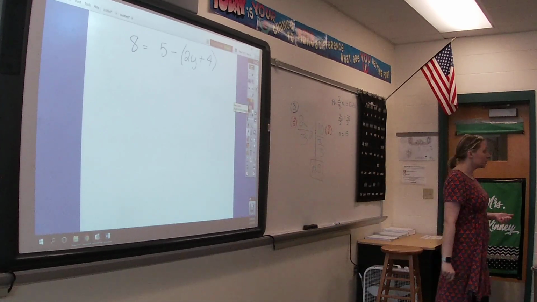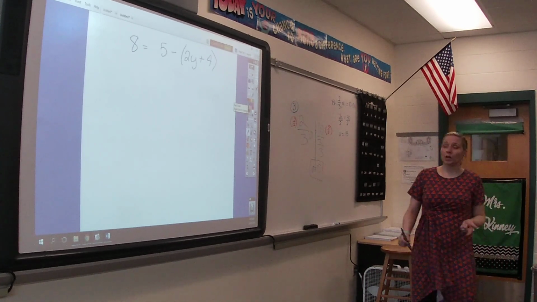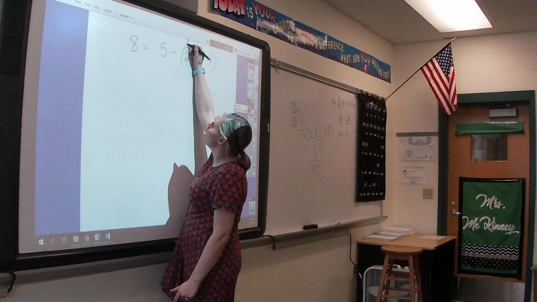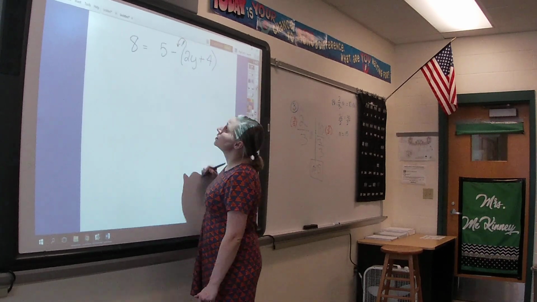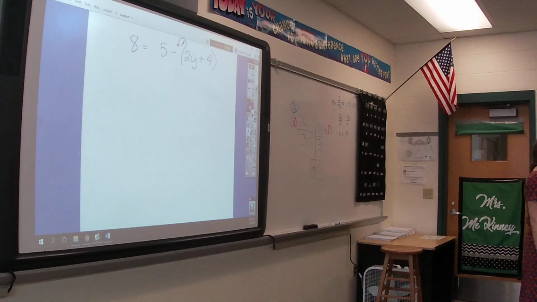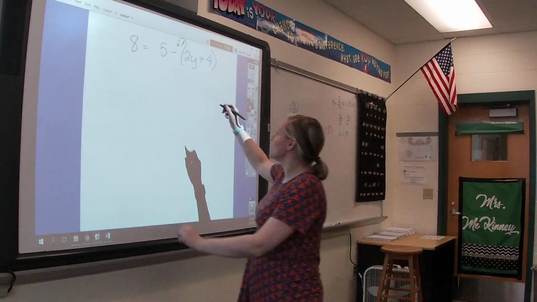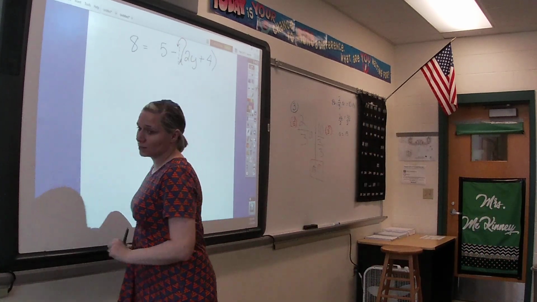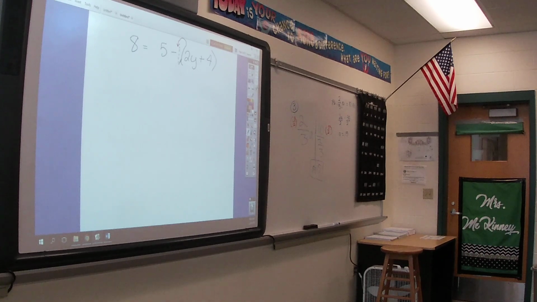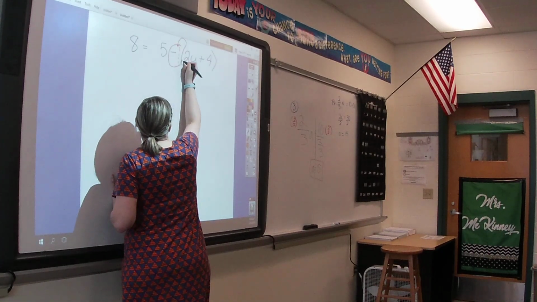Okay, so we see parentheses. We know we need to distribute. We look directly in front of the parentheses. What sign do we see? Negative 1. So we don't see it, but it's there, right? So if we don't see a number, it's really a 1. And so we need to be distributing the negative 1.